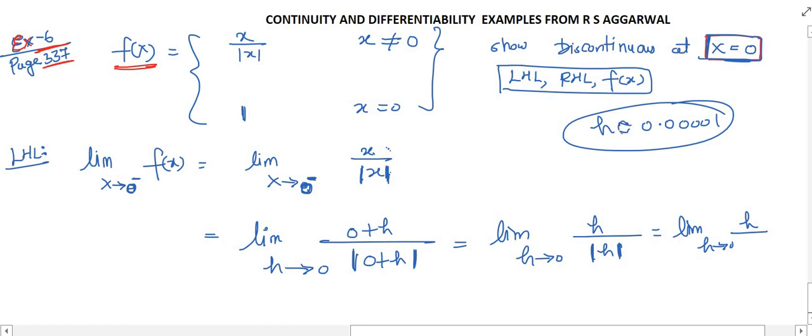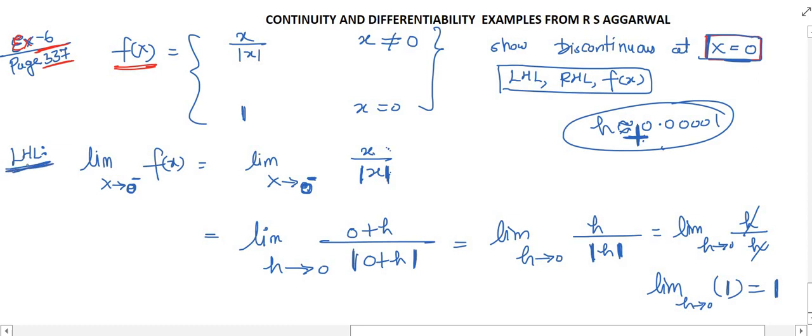It's a representation of a small positive number. So for modulus, for positive number, just we can remove the modulus and we get this h. Okay, because h is a positive number. So for any positive number, modulus comes just like that. Okay, right? So we will cut it, and we are getting limit h is tending to 0, 1. So answer is 1. So this is my left hand limit.